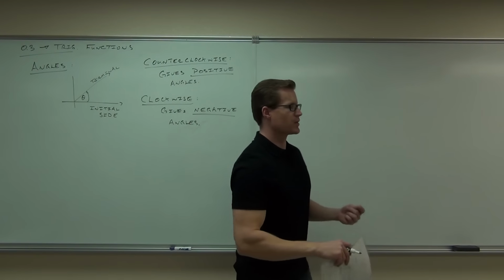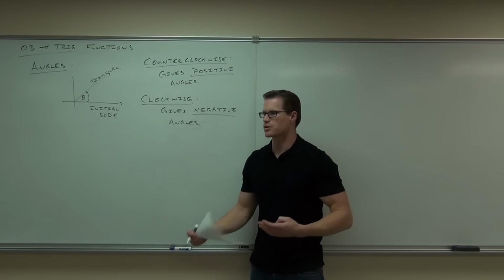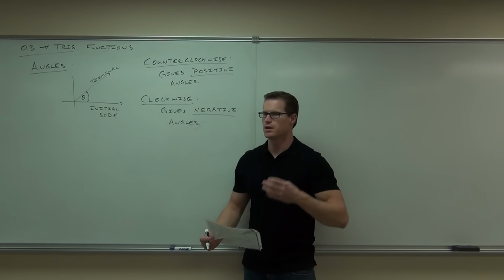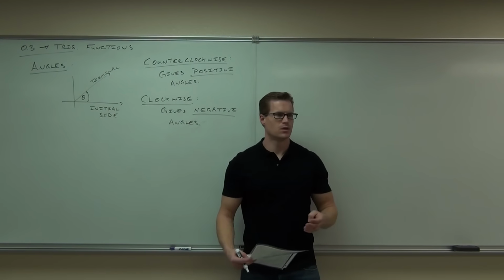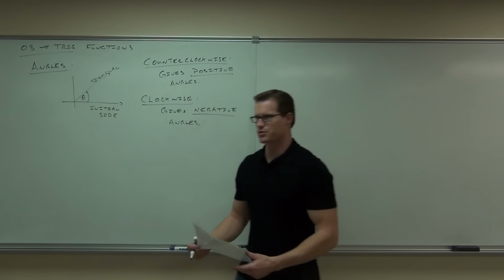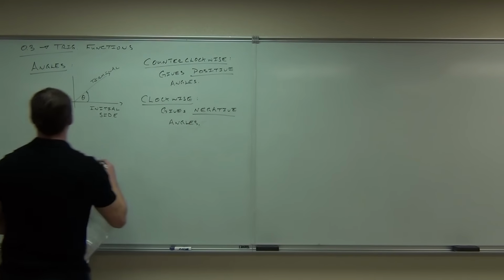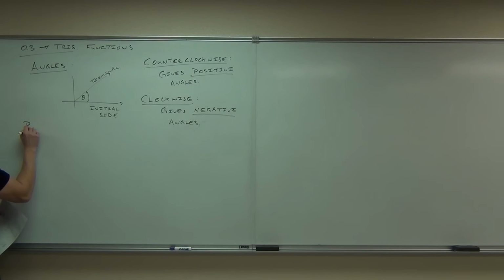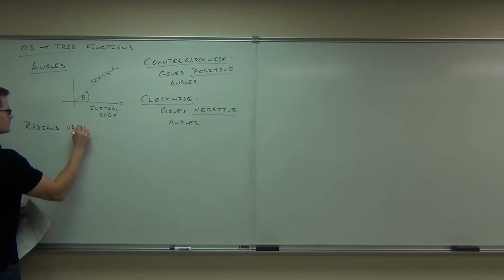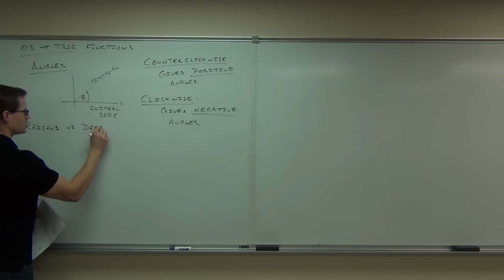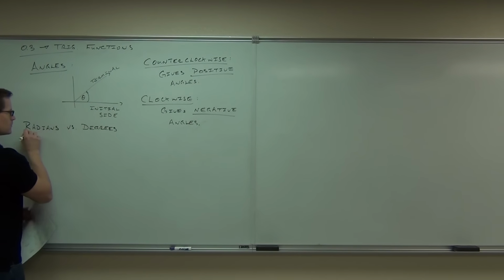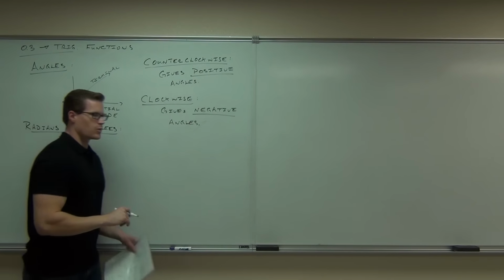Now, when we measure angles, there's typically two constructs for measuring angles. We either do degrees or we do radians. Let's talk a little bit about radians versus degrees. Where do they come from? Why do we have them? Radians are kind of interesting.